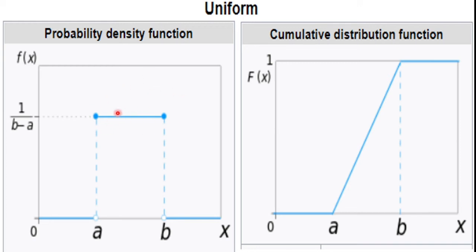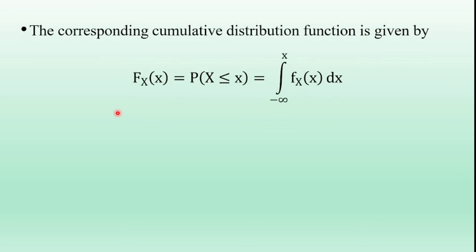Next, find the probability distribution function or cumulative distribution function of the uniform distribution. We know that the density function is the derivative of the distribution function, and the distribution function is the integral of the density function. So the distribution function is equal to the probability of X less than or equal to x.